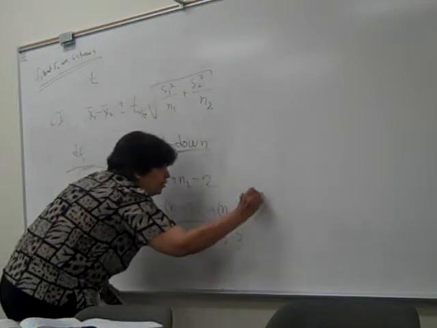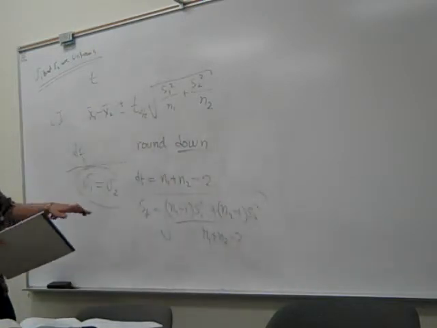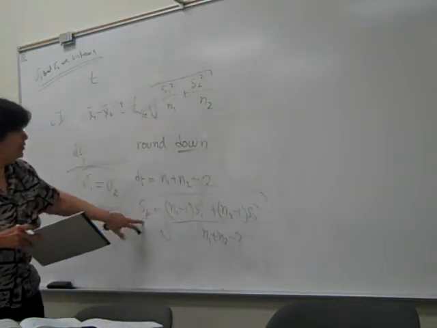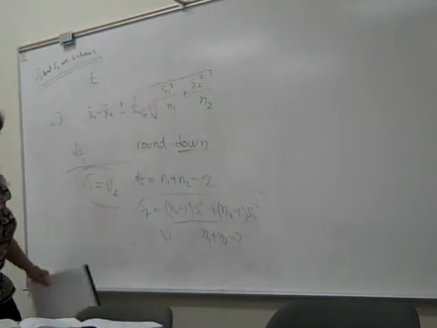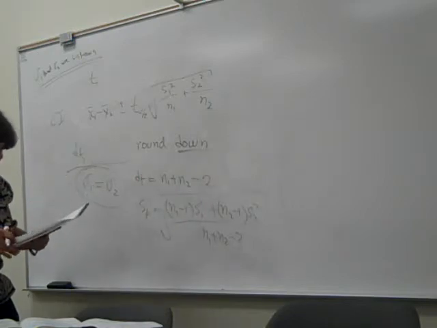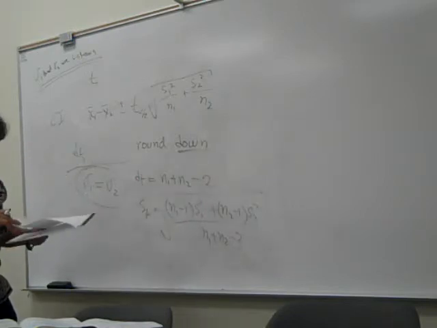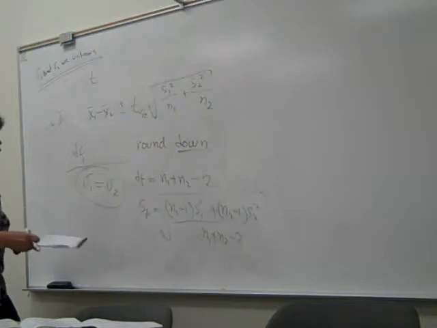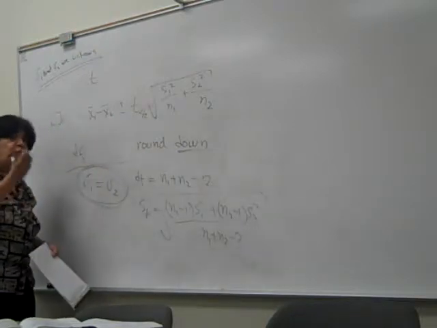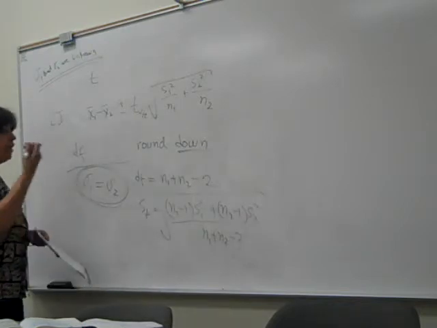And instead of using S1 and S2, we're going to use Sp, that is the pooled standard deviation for the two samples, if you will. And that's it. But only when you can say that the two standard deviations of the two populations, 1 and 2, are equal.